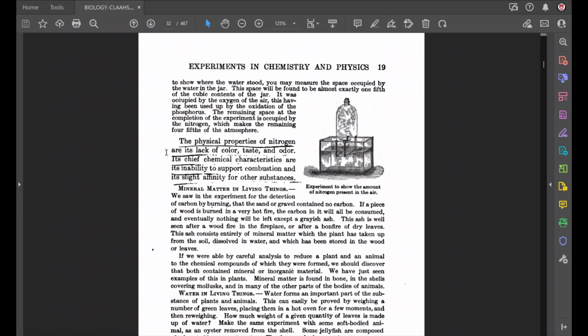And when it consumes that oxygen, the place that was taken up by the oxygen will be replaced with water, so water will start to fill up into this.